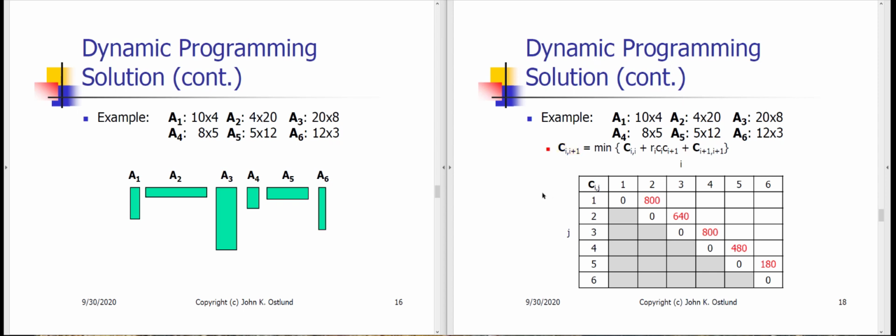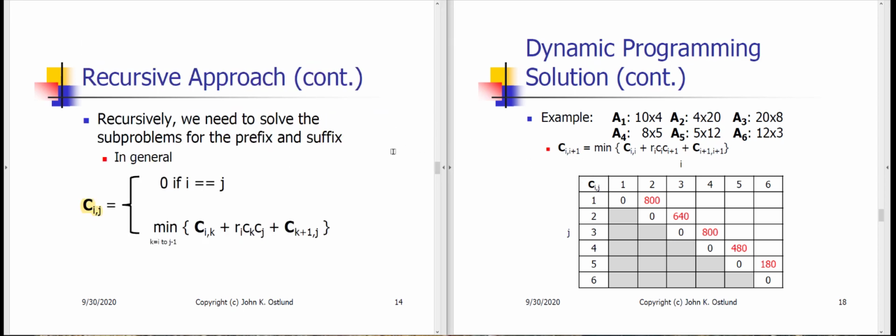Okay, and here we can appeal back to our formula here. If we're looking at c sub i comma i plus 1, then, well, it's not 0 because i is not equal to j. i is not equal to i plus 1.